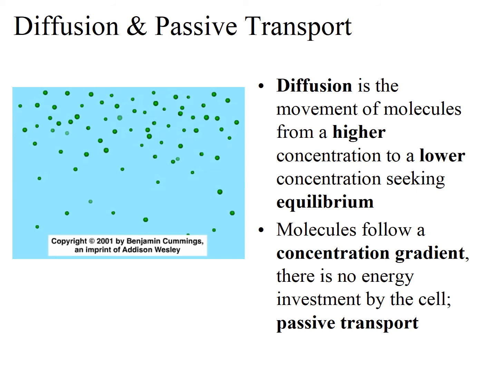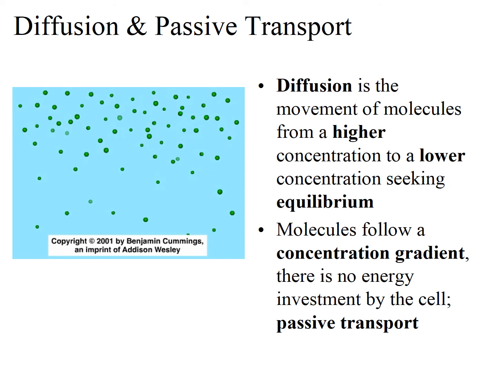So this is a summary of diffusion, and it's simply molecules moving from a higher to a lower concentration, seeking equilibrium. Most of us have experienced this in some form or fashion. If you've ever had an encounter with a skunk or someone wearing a lot of perfume, you'll notice that those molecules are more concentrated in one area, and gradually they move from that area of higher concentration to lower concentration, seeking equilibrium.